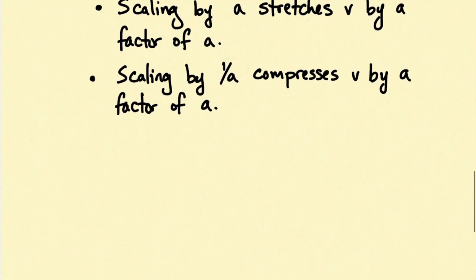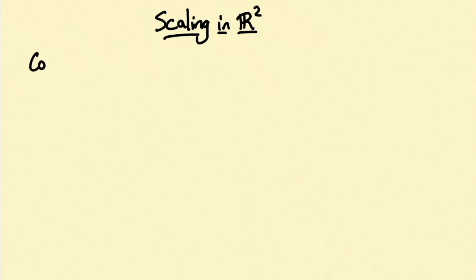So now we want to try to use our understanding of scaling vectors in 1 dimension to understand scaling vectors in 2 dimensions. Although the object may seem more complicated, it turns out that a 2-dimensional vector with entries x and y in R2 carries exactly the same data as a vector in R1, a magnitude and a direction, and we'll find that the scaling operation behaves the exact same way on the arrows.